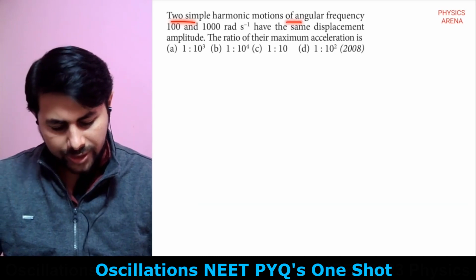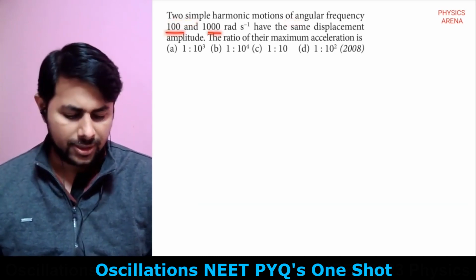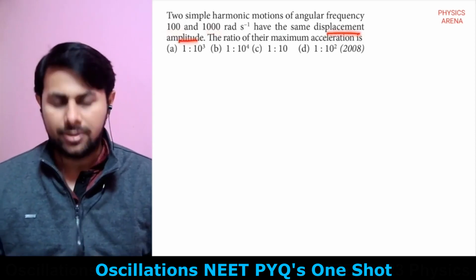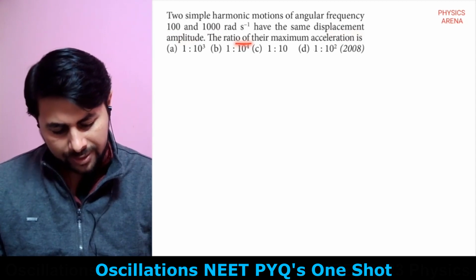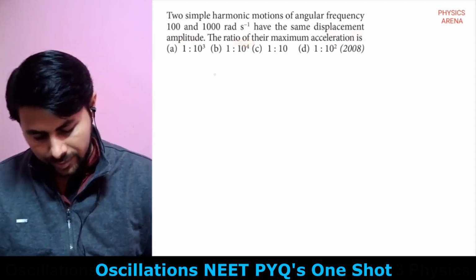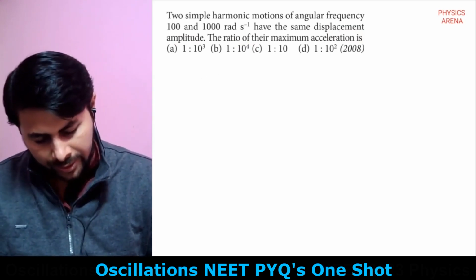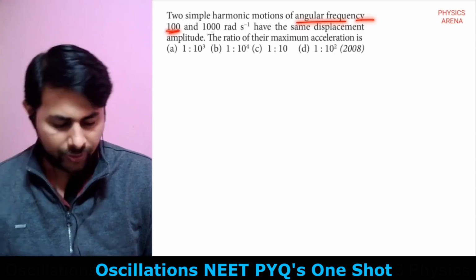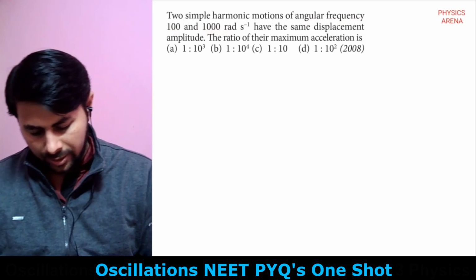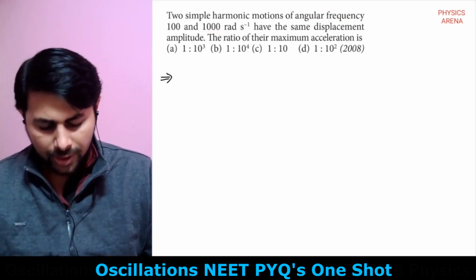Two simple harmonic motions of angular frequency 100 and 1000 radians per second have the same displacement amplitude. The ratio of their maximum acceleration is? This is very simple. The amplitude is the same, but the angular frequency is 100 for the first and 1000 for the second.